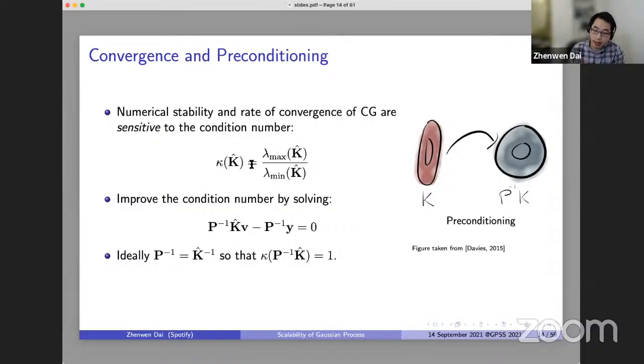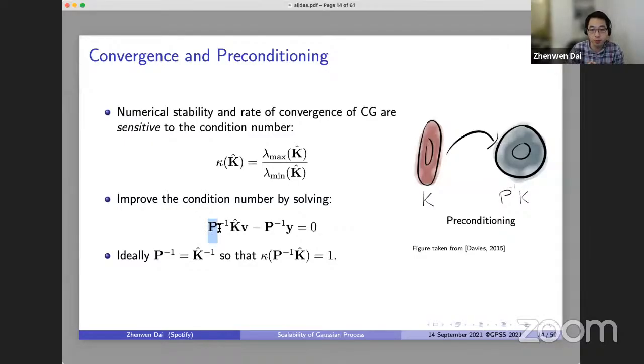And again, we have a numerical treatment. The way to improve the condition number of such a linear solve is to multiply another matrix in front of it. We call it preconditioning.